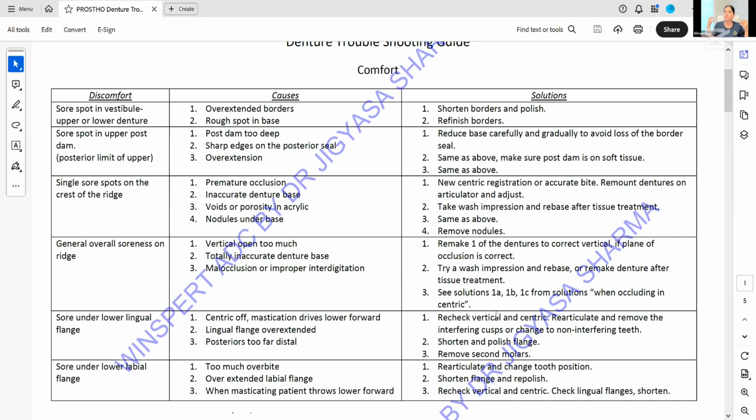So on chewing, both sides should meet, and on protrusion, even the posteriors should meet. How can you maintain the posteriors to meet in a bilaterally balanced occlusion? Upon protrusion, give a deep curve of Spee so that posteriors can move around it and still continue to meet and do not separate. That gives you a bilaterally balanced occlusion.